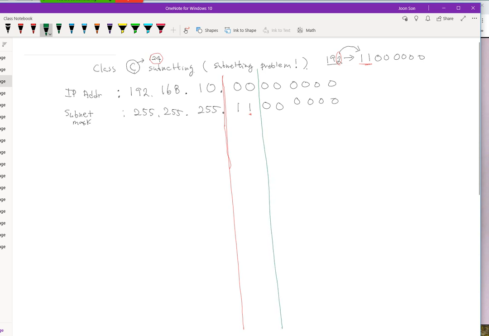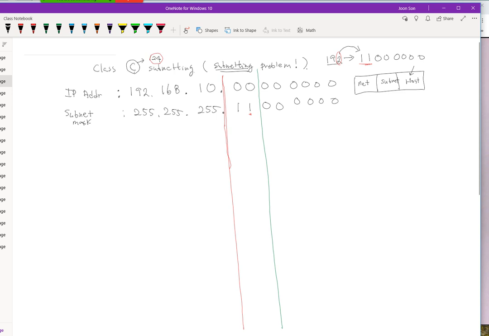Okay. So I showed you in my first lecture, the slide about the IP address. When the problem is related to subnetting, the IP address gets even more hierarchical. The first portion is the network portion, the middle portion is the subnet portion, and the last portion is called the host portion.